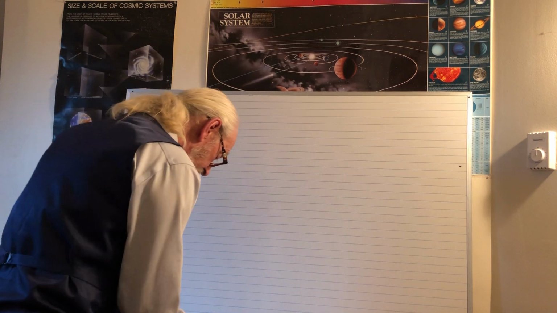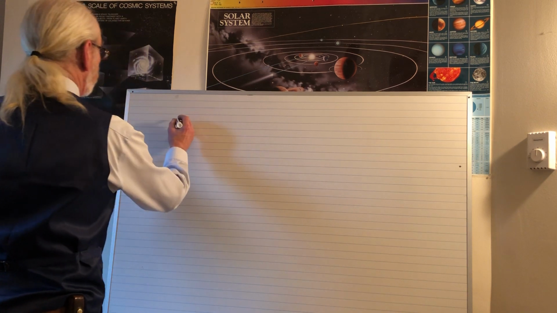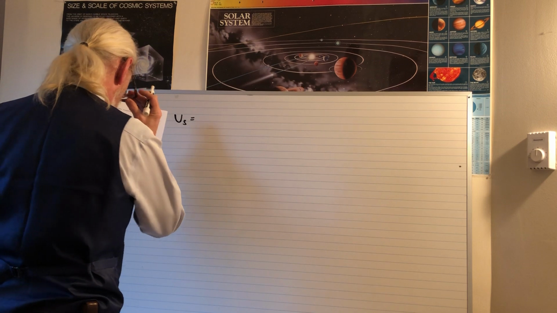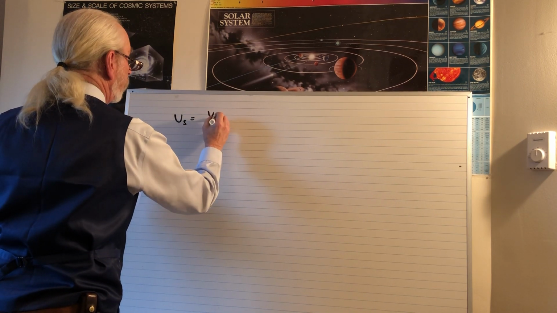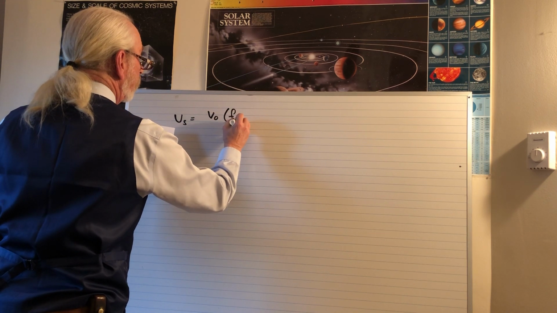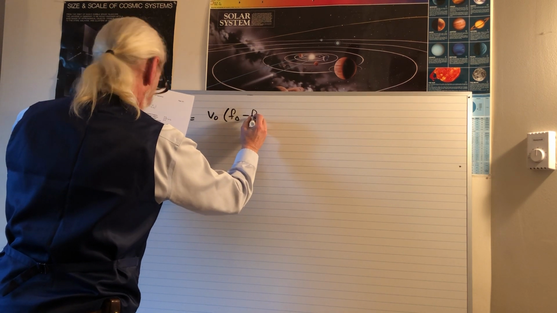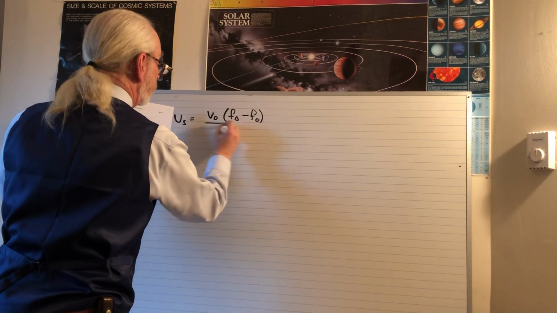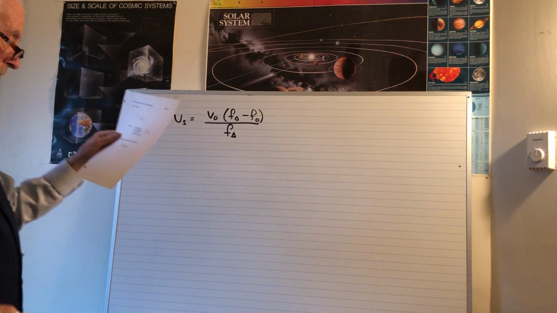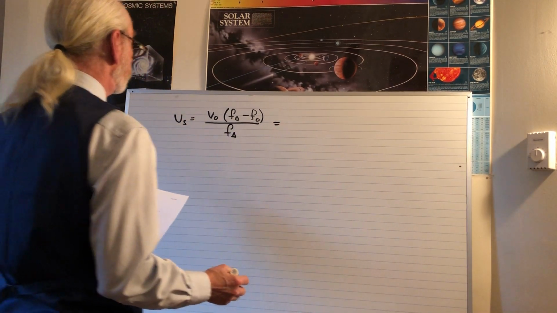So, what we'll do is use the Doppler effect formula. The velocity of the source is equal to the speed of sound times the changed frequency minus the original frequency, divided by the changed frequency. All right. So now we just plug in the values.